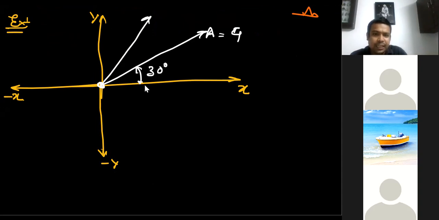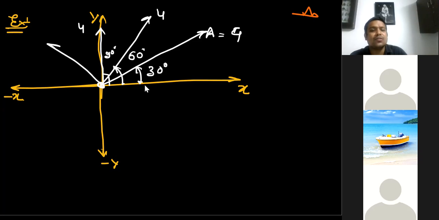Another vector B is also 4, with angle 60 degrees. This vector is 4, angle 90 degrees. Another vector is 4, angle 120 degrees. And this vector has angle 150 degrees, and its magnitude is also 4.